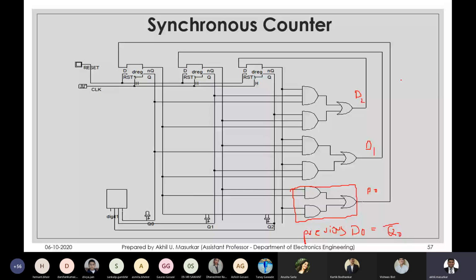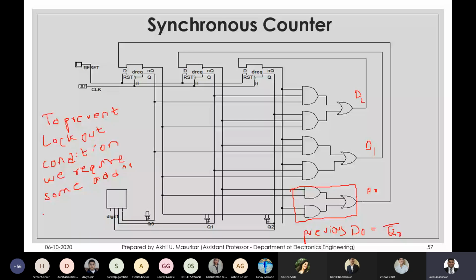So what actually happened? To prevent the lockout condition, we require some additional hardware. That is the moral of the story.